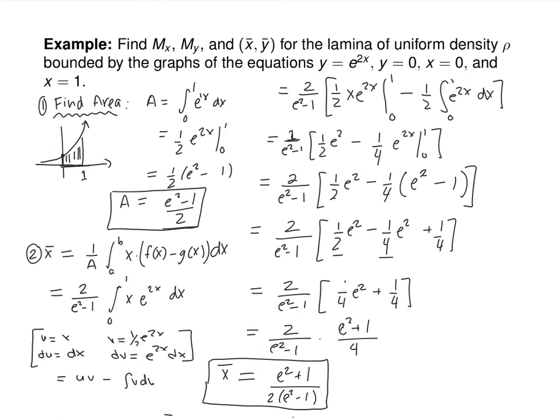And now that you've thoroughly exhausted your integration, you have to now find y bar. But it turns out y bar is actually quite a bit easier for this problem. So remember, the equation for y bar is 1/2 times 1 over a, integral a to b, f of x, the quantity squared, minus g of x, the quantity squared, dx.